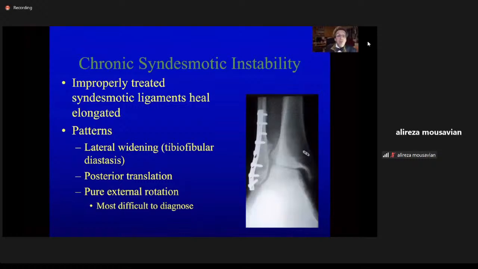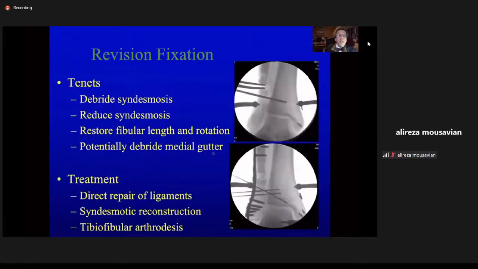Now, what about chronic instability? If we have chronic instability, you typically will have a patient who has a lot of ankle pain and is maybe on the way to arthritis. It's a very poor prognosis. And typically, it is correlated with malunion of ankle fracture bony elements. So when we do a revision, we need to debride the syndesmosis.